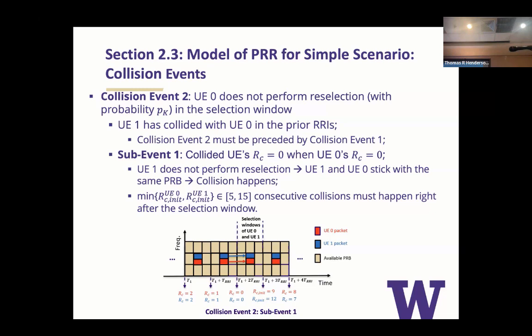Since these 2 UEs have collided in the prior RIs, in their overlapping selection window the collision will still happen, right? At the end of their selection window, both UEs will initiate the initial RC, which ranges from 5 to 15. So the number of consecutive collisions will also range from 5 to 15 right after the selection window.